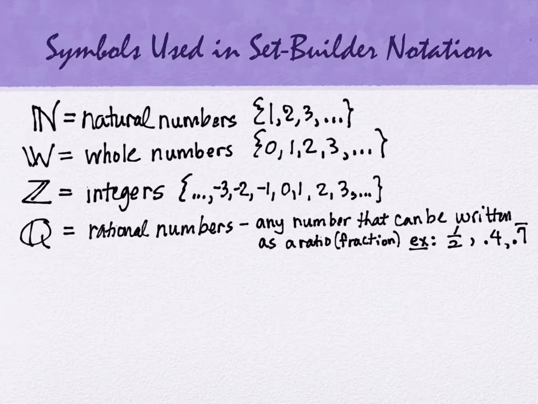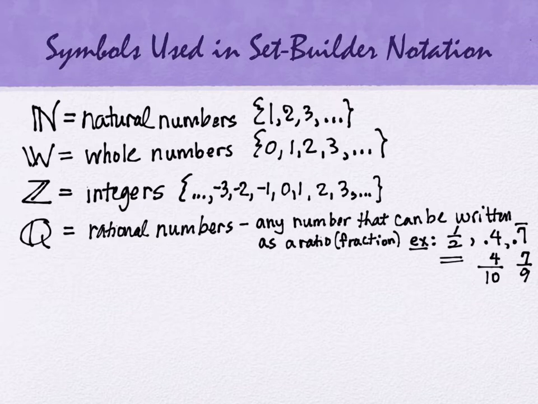And the reason is because I can write them each as a ratio. And I'm not going to belabor the point too much, but 1/2 is already written as a ratio. 4/10, 0.4 is 4/10. And if you've had proportional and statistical, you might remember that 0.7 repeating is actually 7/9. So they have a way to be changed into a ratio, which is what makes them rational numbers.